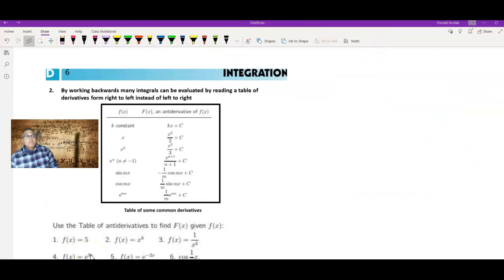So by working backwards, many integrals can be evaluated by using the tables that you had for your derivatives. What's different is you're going to read your table from right to left instead of left to right. So when you were learning how to do derivatives, we worked that way. Now we're going to work the other way.